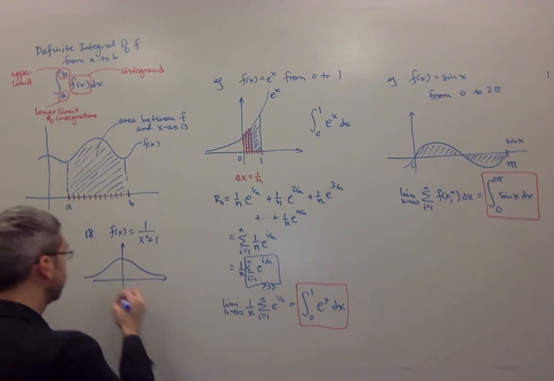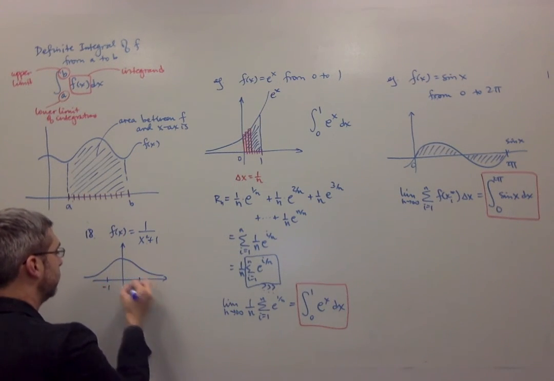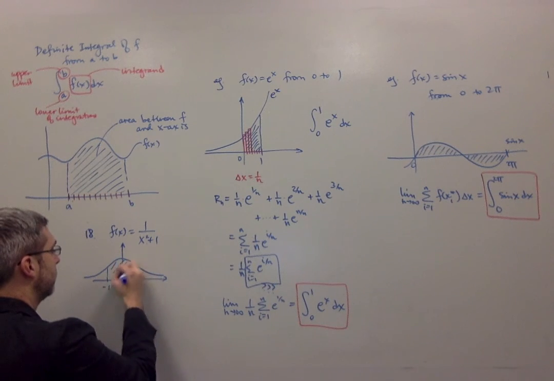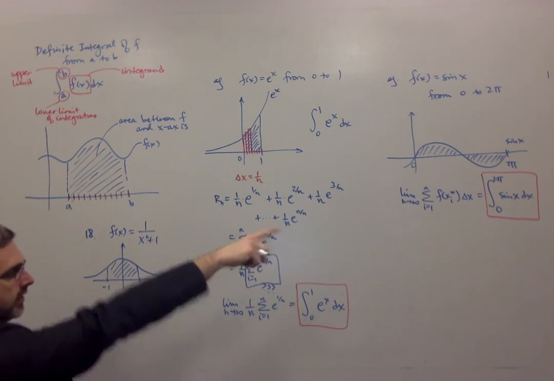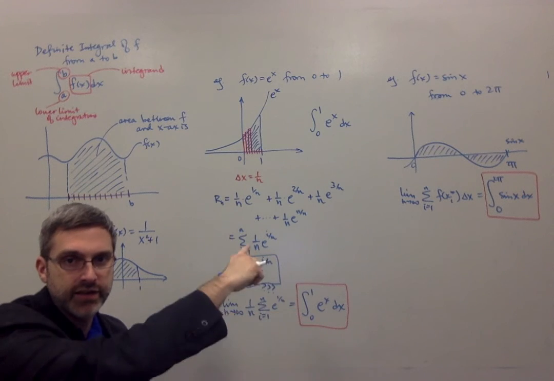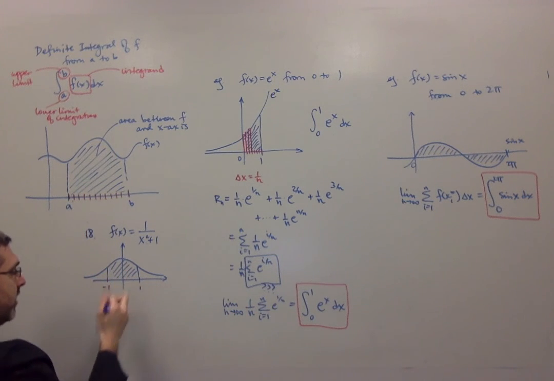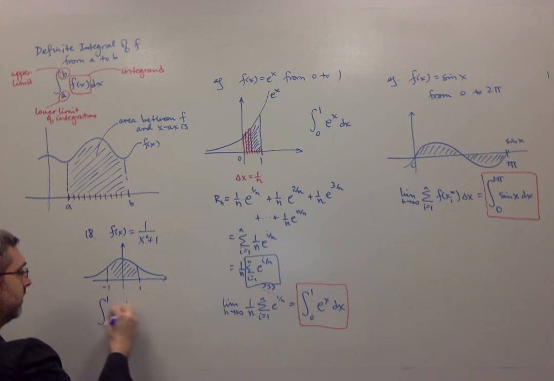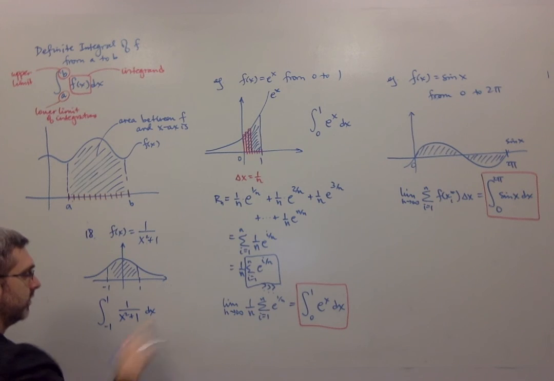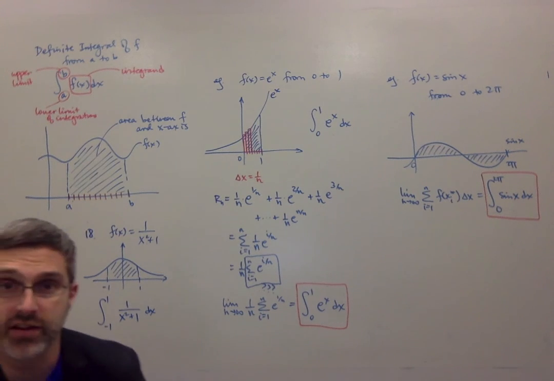So this is the function, and we want to go from -1 to 1. All that they want you to do is practice writing this notation. So this would be the area from -1 to 1 underneath this function, height times width. Right? That's all they want you to do on that problem.